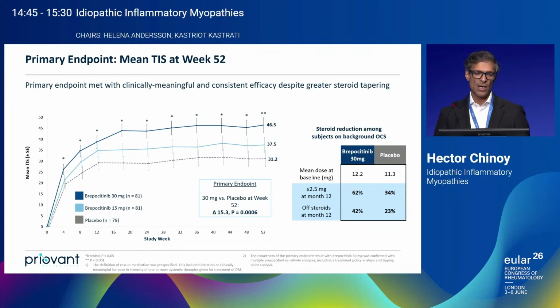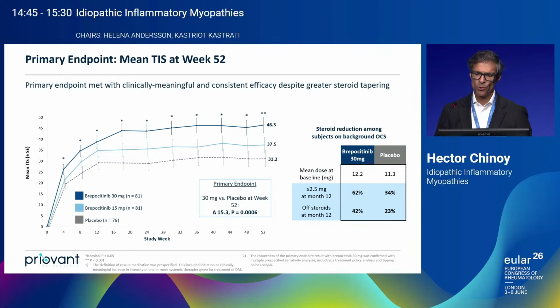The top 2 lines are Brepo 30, Brepo 15 compared to placebo. And you can see a significant divergence of the drug at week 52. And even at an early stage, by about week 12, you're seeing a divergence compared to placebo. On the right-hand side, you'll also see a secondary endpoint where there's the effect of steroid reduction.